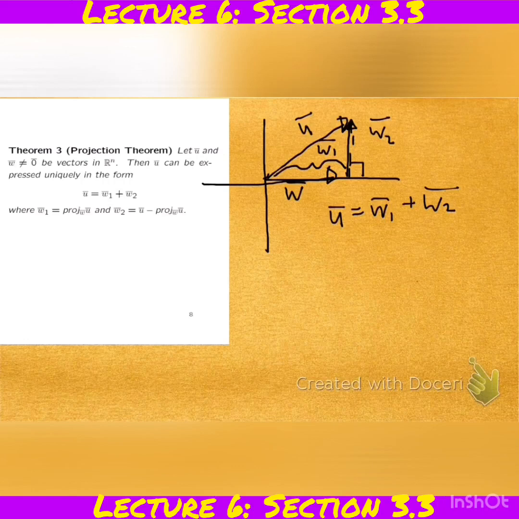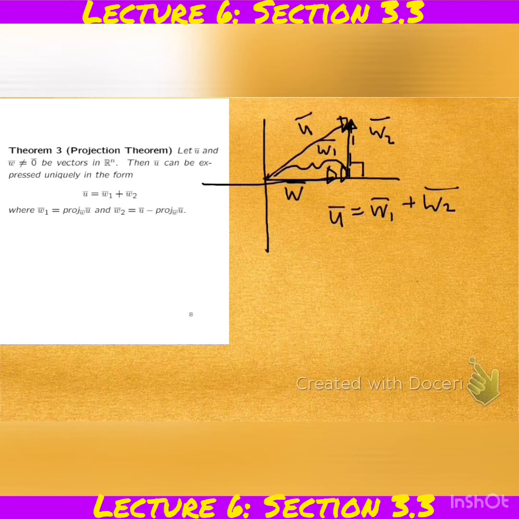If you inspect, you'll see that the vector w1 points in the same direction as the vector w. So that means w1 is in fact a scalar multiple of the vector w.